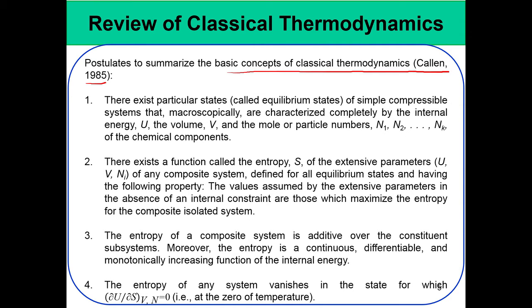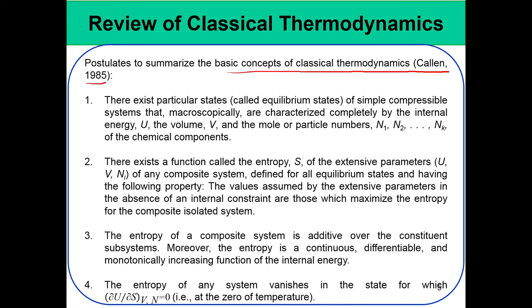So, what are the postulates? There are basically 4 postulates, and there can be several corollaries, which we will not go into. The first postulate states that there exist particular states called equilibrium states, which you might be aware of.